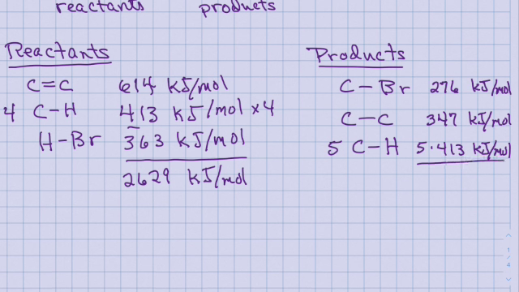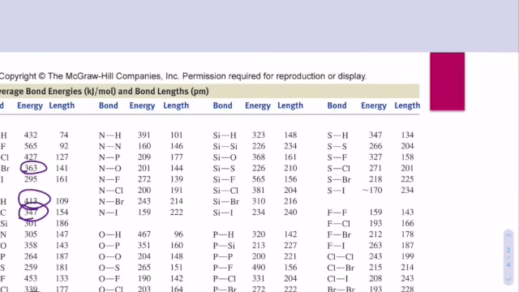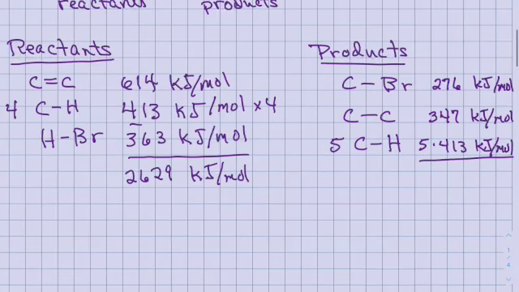And now we can add these up. When we add these up, we get 2,688 kilojoules per mole. All right, so that would be the energy released, so that's actually negative, because that would be the energy released in the formation of the bonds in this molecule.